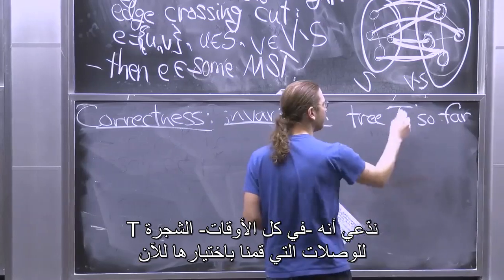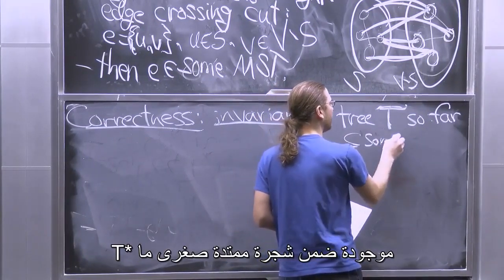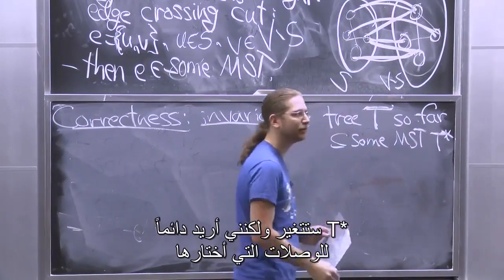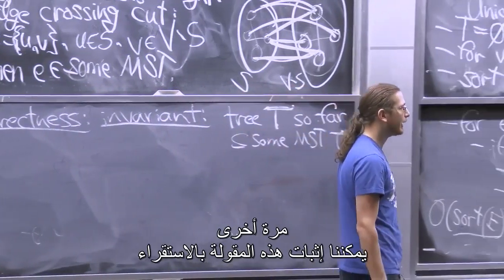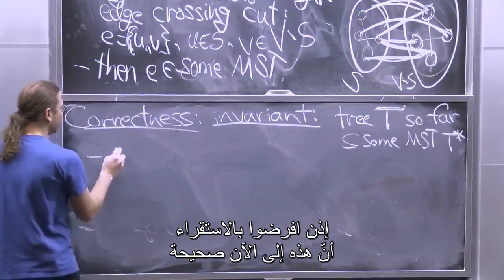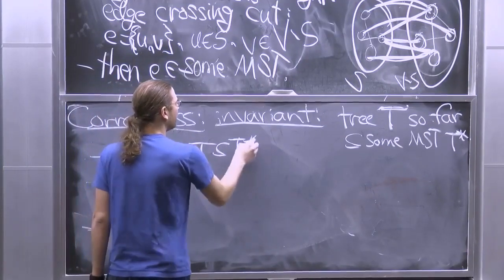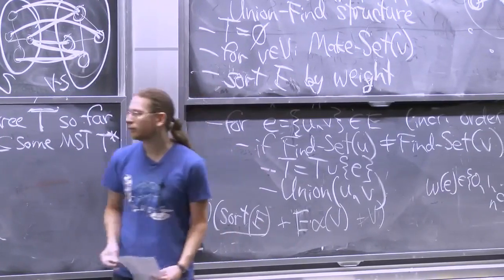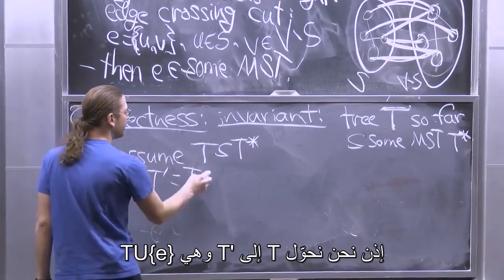Claim that at all times, the tree T of edges that we've picked so far is contained in some minimum spanning tree, T star. T star is going to change, but I always want the edges I've chosen to be inside a minimum spanning tree. Again, we can prove this by induction. So assume by induction that this is true so far. And then suppose that we're adding an edge here. So we're converting T into T prime, which is T union E.